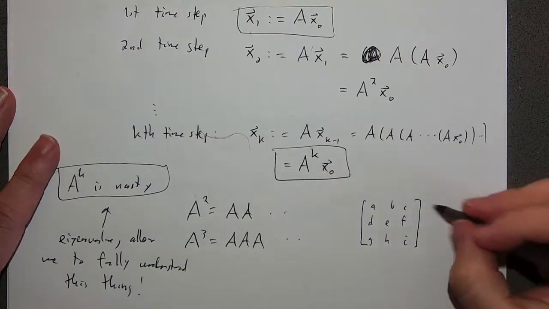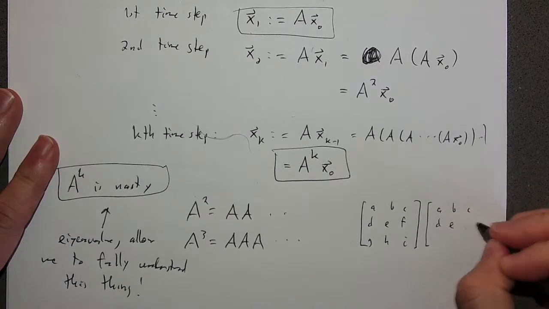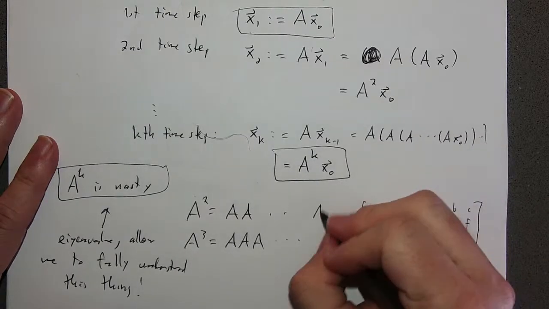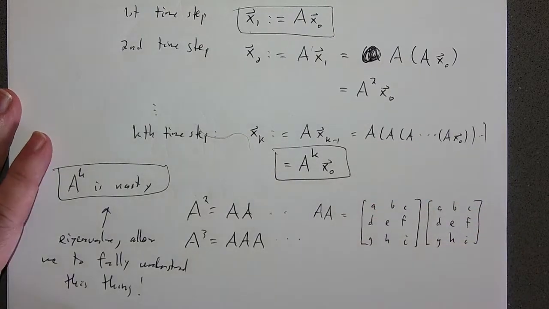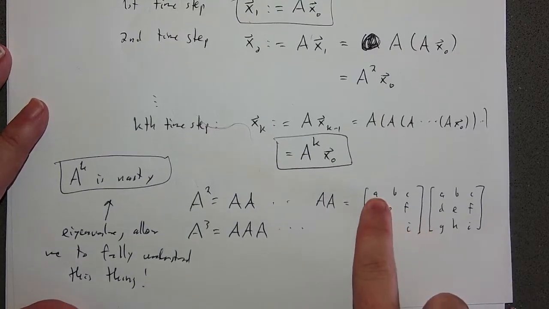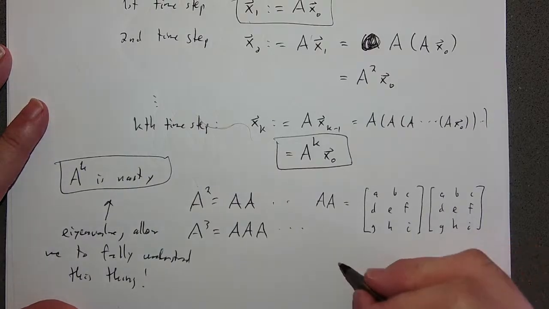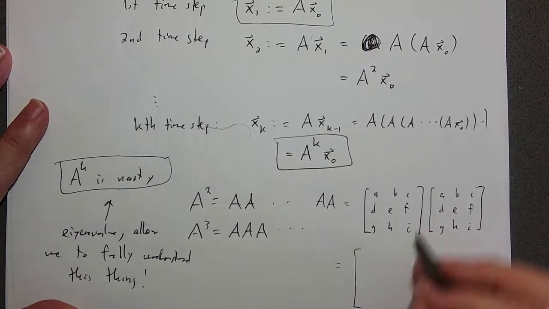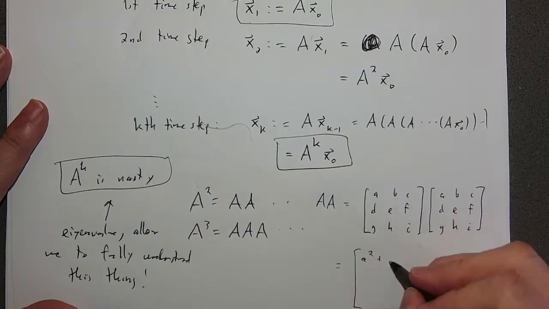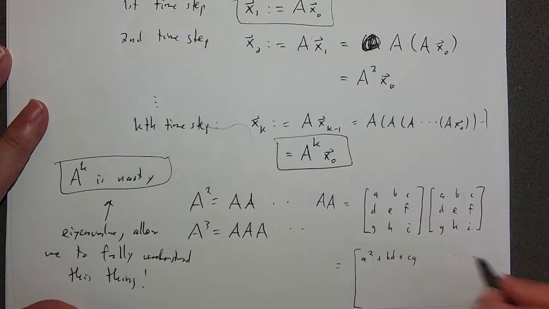This is me multiplying a 3 by 3 by itself, so we'll say this is A times A. And even from the very first entry, the top left, I'm not going to write the whole thing out, obviously, but this entry is going to be A squared plus B times D plus C times G.